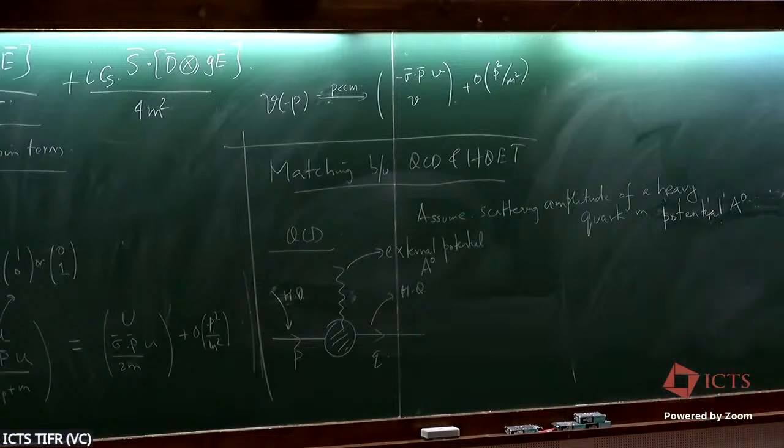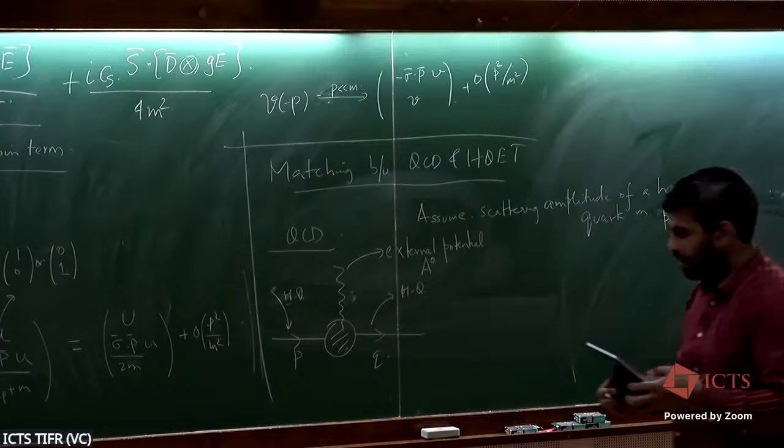Sometimes we work in Coulomb gauge. In general, for the loop calculations, we sometimes do Coulomb gauge for simplicity. Here for the tree level, it really does not matter that much.